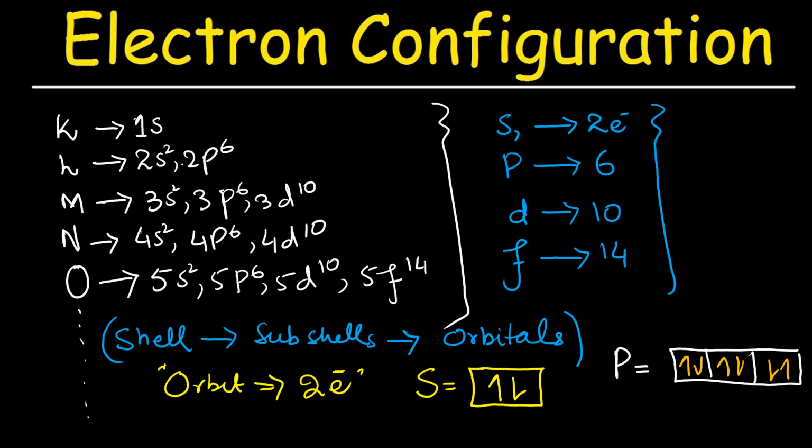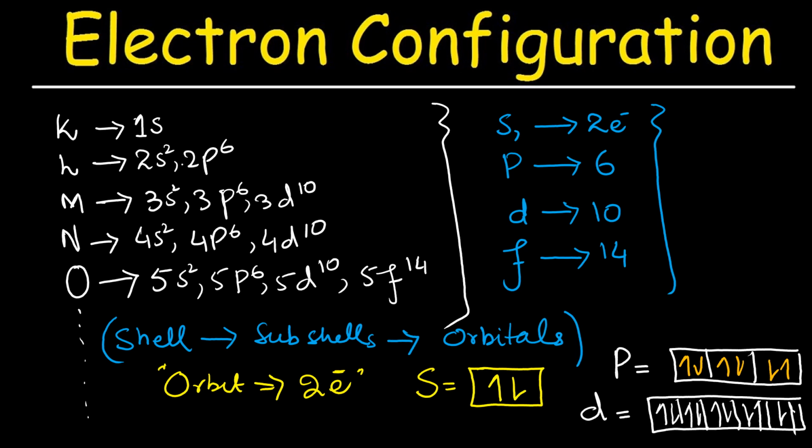In case of d subshell, the d subshell has the ability to accommodate a maximum of 10 electrons. This means that the d subshell must have 5 orbitals, 1, 2, 3, 4, and 5, and the spins of the electrons must be opposite to each other. So the maximum number of electrons the d subshell can accommodate is 10.